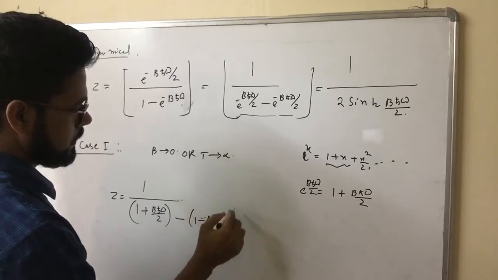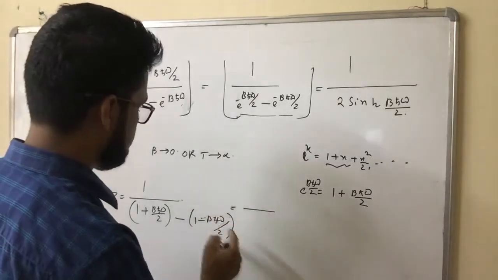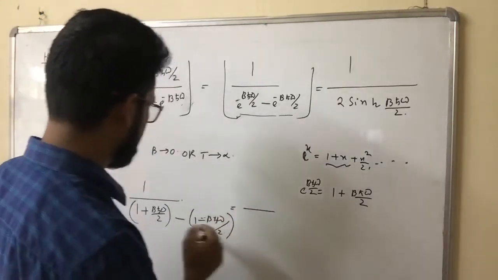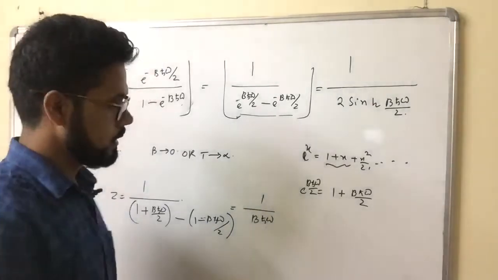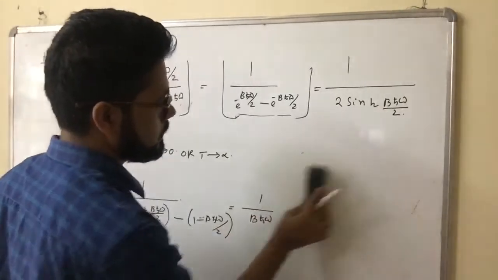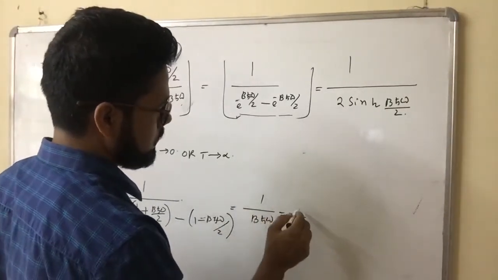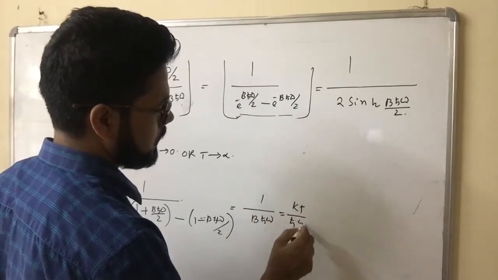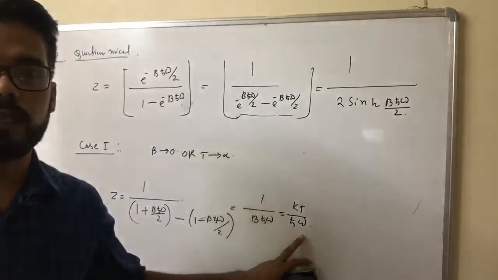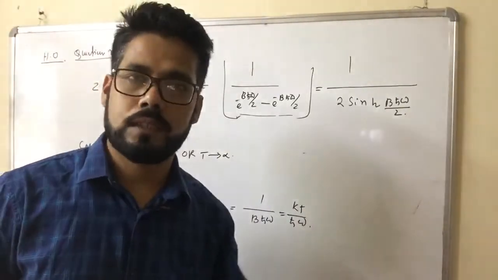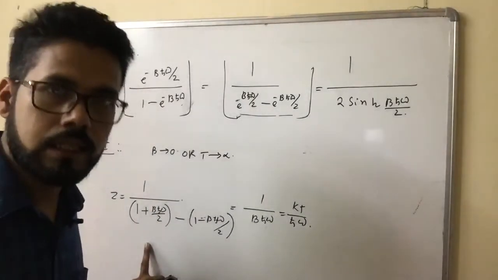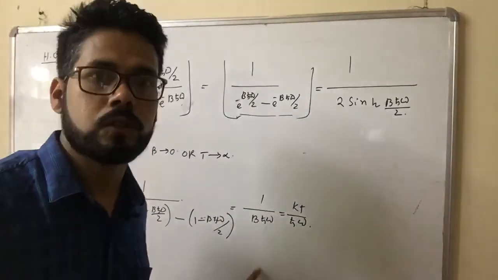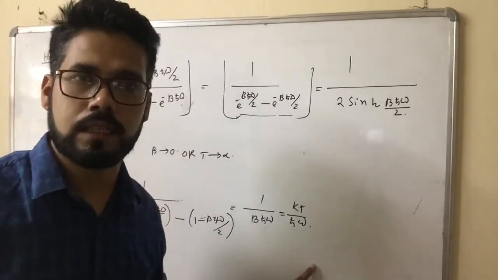What will happen? These two become beta h cos omega, 1 by beta equal to kT by h cos omega. This is what I have already calculated for the classical oscillator. So what happened at very high temperature? This quantum harmonic Schrödinger oscillator becomes a classical oscillator.